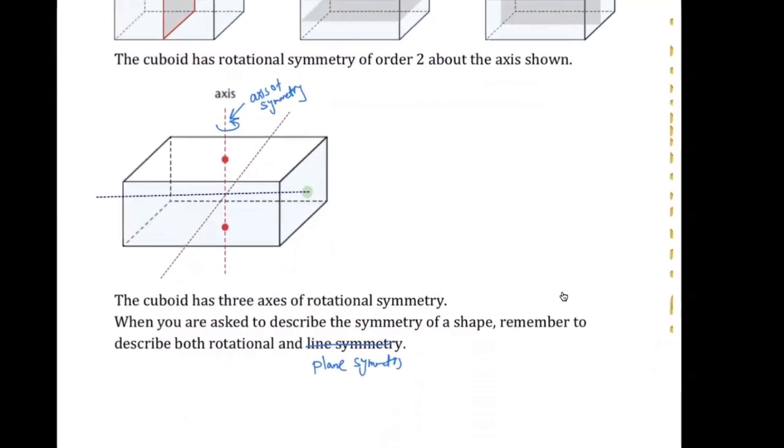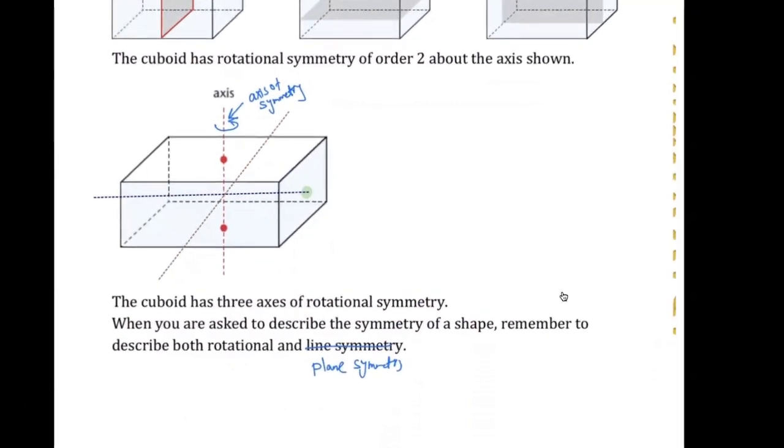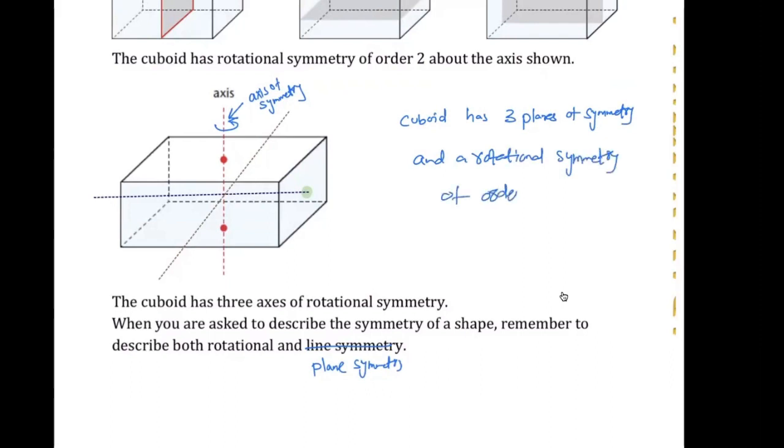So how would you describe the symmetry of a cuboid? You are going to say that the cuboid has three planes of symmetry and a rotational symmetry of order 2.